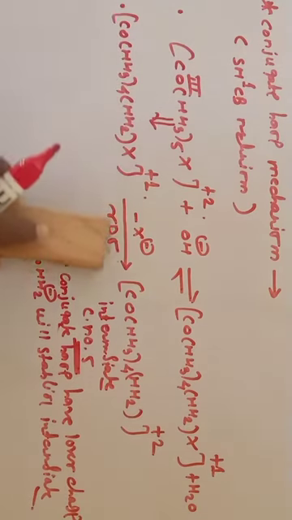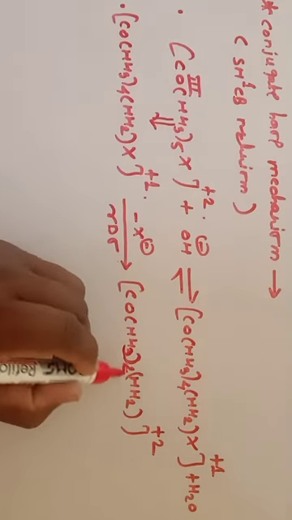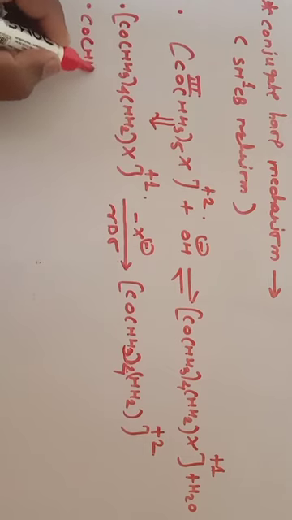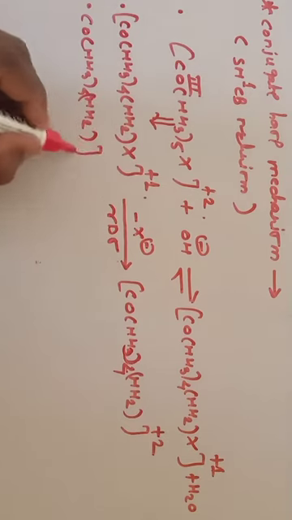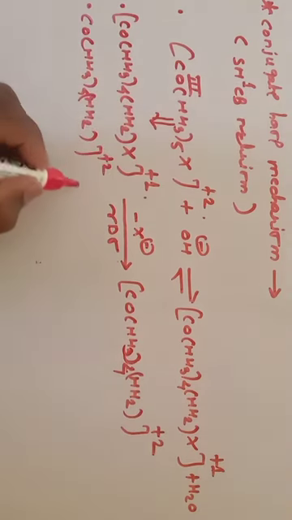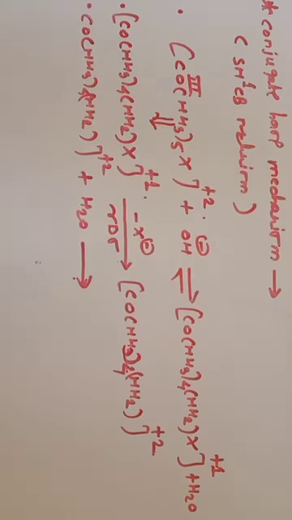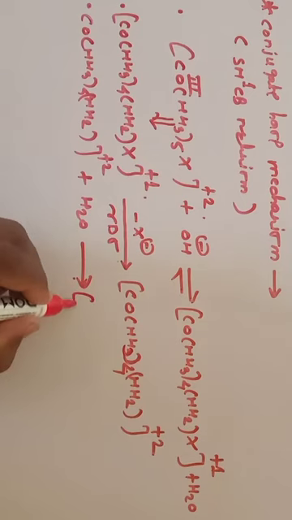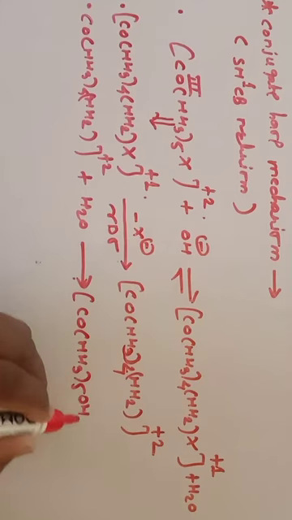And in the third step, this complex Co(NH3)4(NH2), having +2 charge, will react with water, and there is a formation of this complex, that is Co(NH3)5(OH).